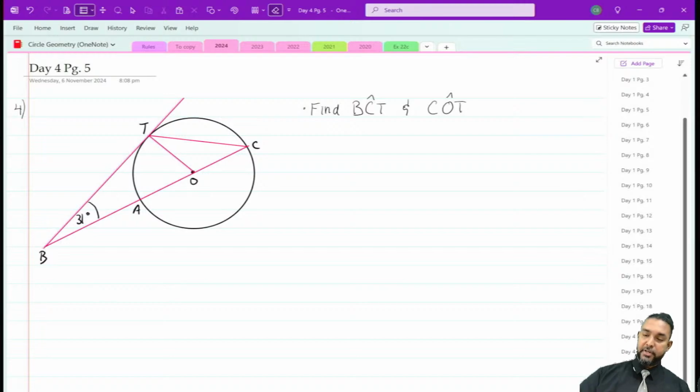Right, we're going to find BCT, which you could call X if you want, and COT, which you could call Y.